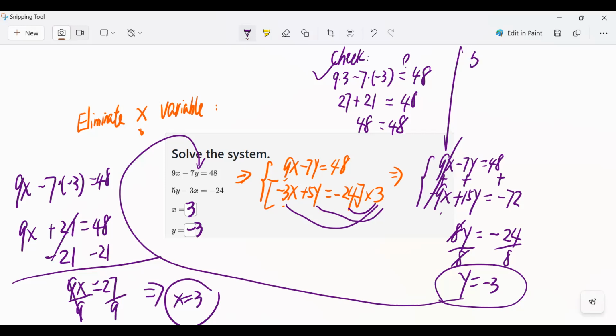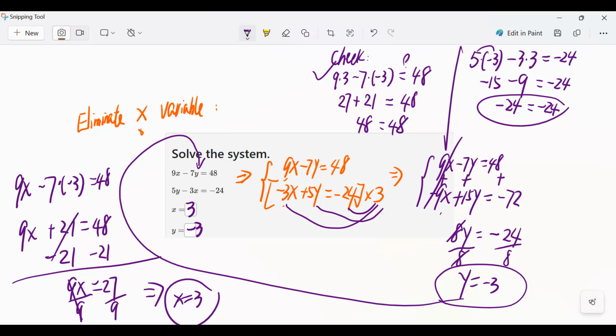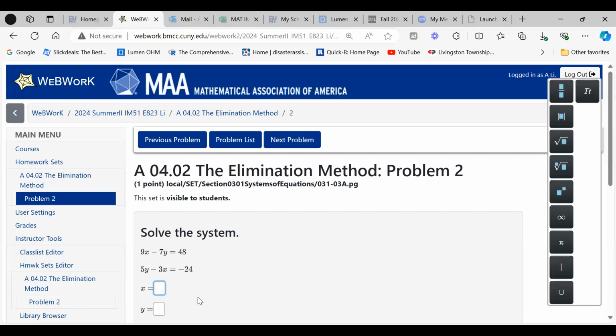Second equation: minus 3 times 3 plus 5 times minus 3 should be equal to minus 24. Minus 9 minus 15 equals minus 24. This is negative 24, negative 24. So yeah, this is good, meaning it satisfies both equations, so the answer is correct. Any question about this? So it's 3 and minus 3.